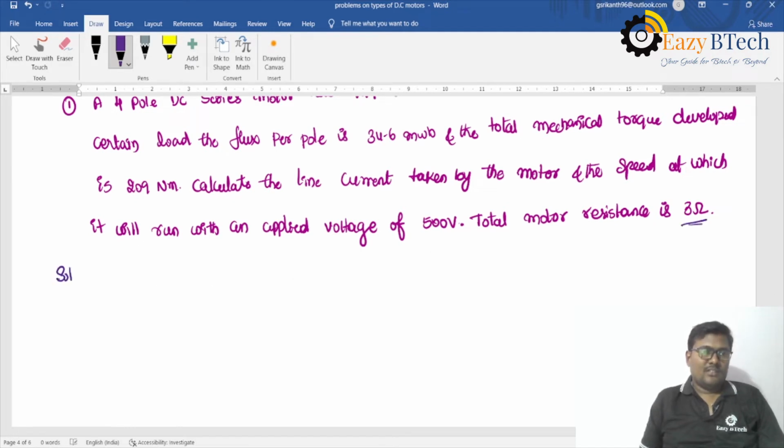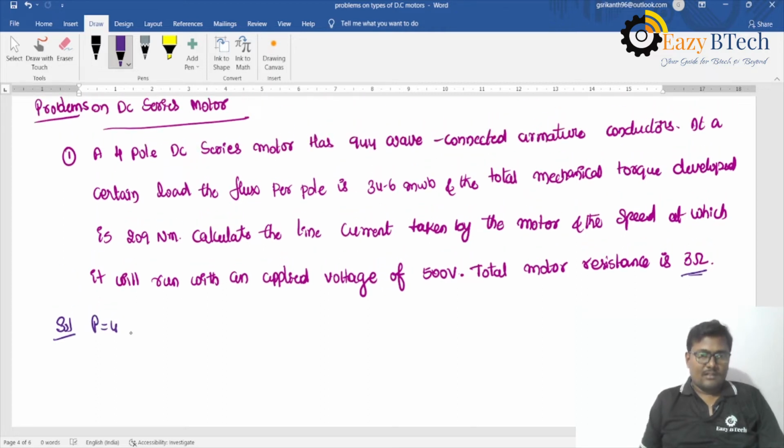So, what is the given data? The number of poles is 4, and 944 means Z is equal to 944, and wave connected means the number of parallel paths is equal to 2. The flux per pole is 34.6 into 10 to the power of minus 3 Weber.